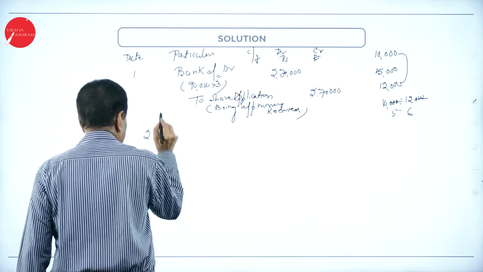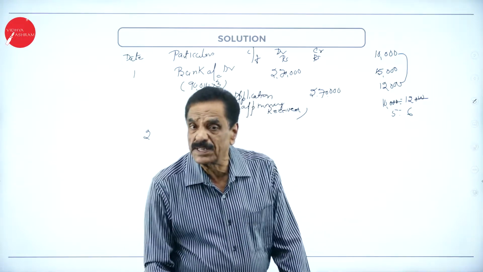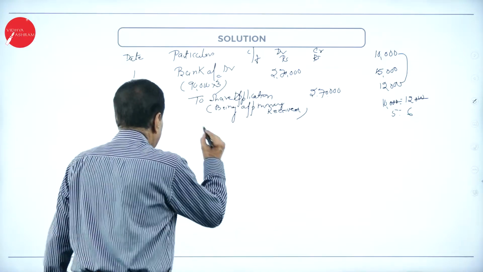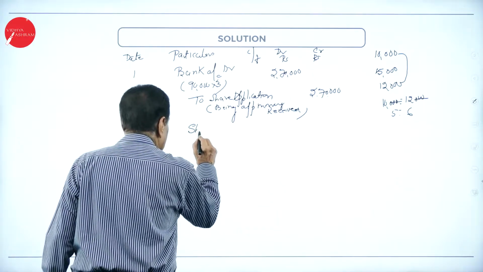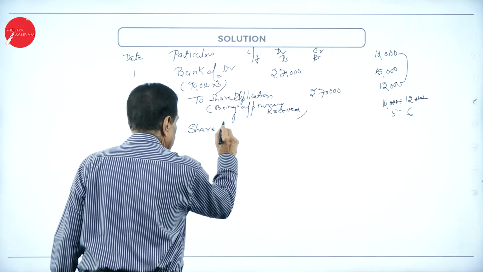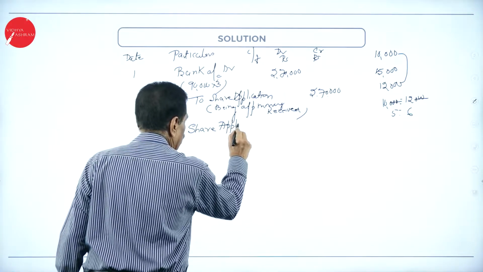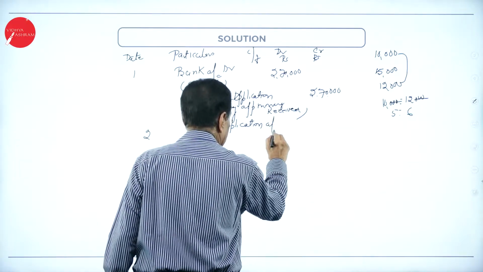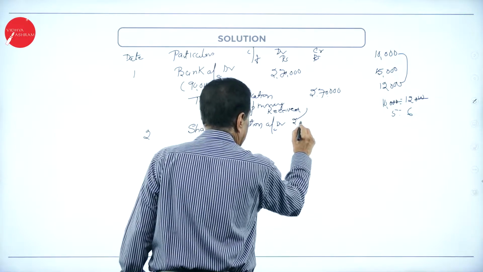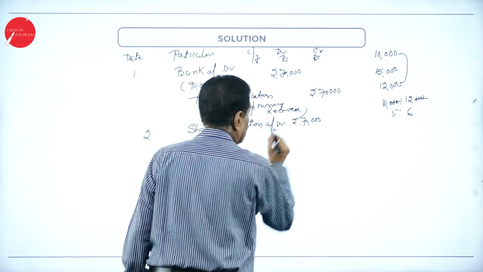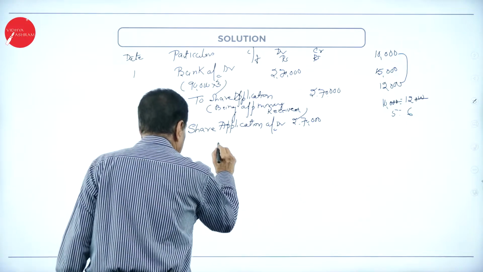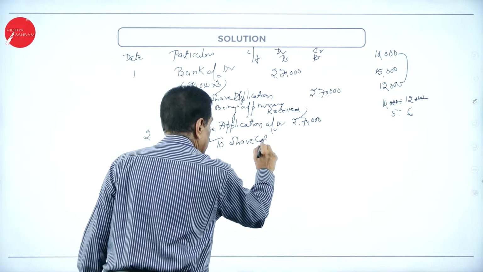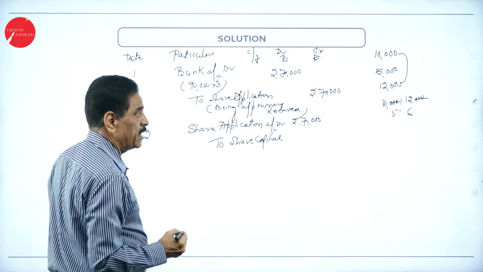Second entry. Out of that, how many applications were rejected? 5,000. Remaining 5,000 will be adjusted to allotment. Share application account debit 2,70,000 to share capital. Real money you require: how many shares are there? Only 80,000.